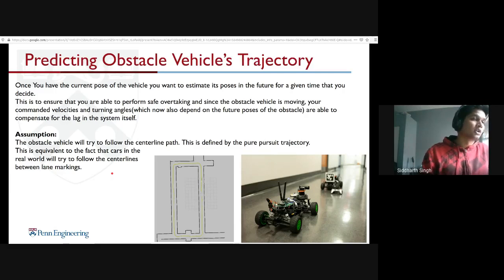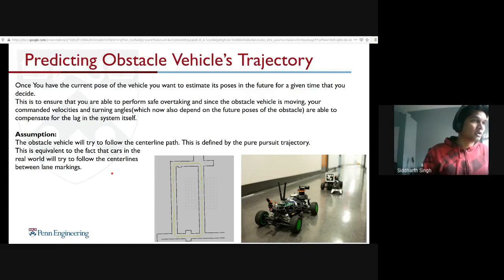In our case, we have a very specific solution, specific to our situation of F1TENTH racing. What we assume here is that both vehicles will follow the trajectory of the track. In the real world, it would be, say, the center lines or the lane markings. In our case, it would in all probability be the center line or the race line of the track.